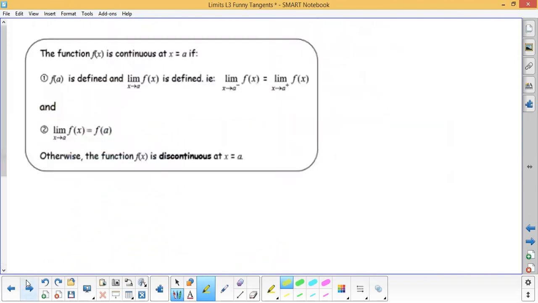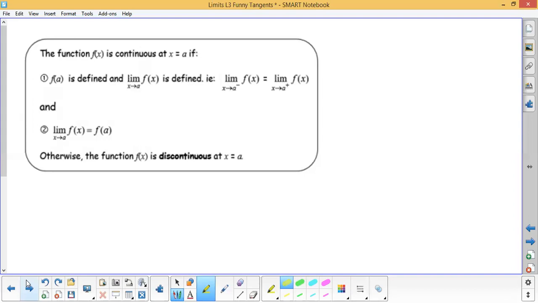So that brings us to this definition, and this is something you have to memorize. The function f of x is continuous at x is equal to a if it is defined and the limit is defined. That means the limit from the left is equal to the limit from the right. And the limit as x approaches a has to be equal to f of a.